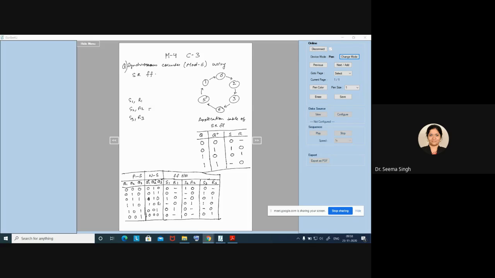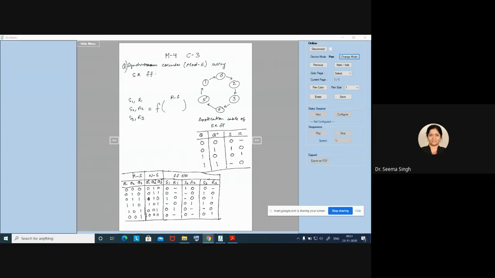It is made from your present state. These 6 excitation inputs are used to change the state from this present state to this next state, right? So this is a function of present state only.